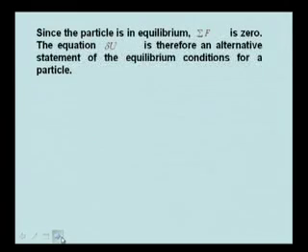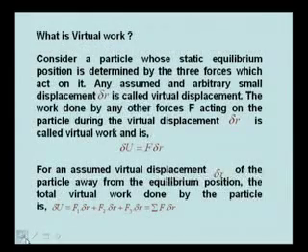Since the particle is in equilibrium, sigma F is 0, so the equation delta U equals 0 is an alternative statement of the equilibrium condition for a particle. That means the virtual work done on the particle must be 0. This is for a particle. I have told you about the virtual work principle also. So today we discussed the equations of equilibrium.